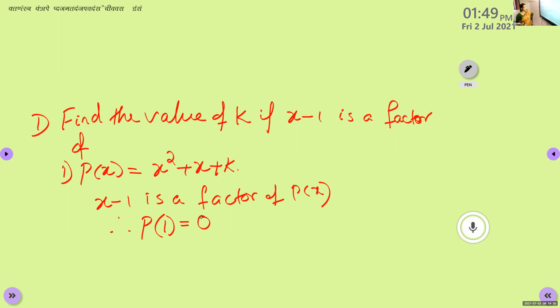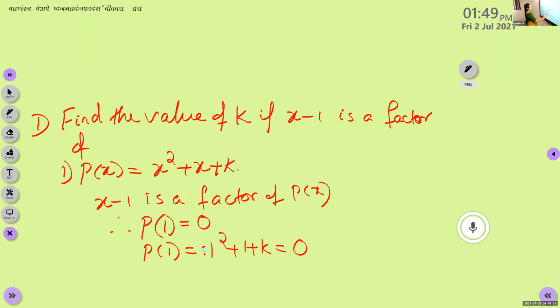X minus a is a factor of p of x, which implies p of 1 is 0. So find p of 1. P of 1 equals 1 square plus 1 plus k, which is equal to 0.